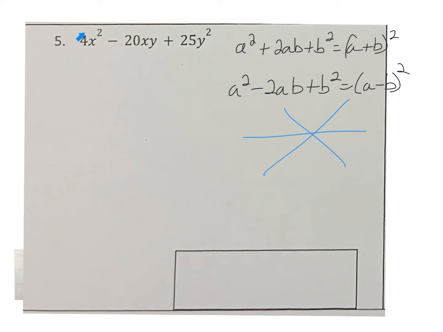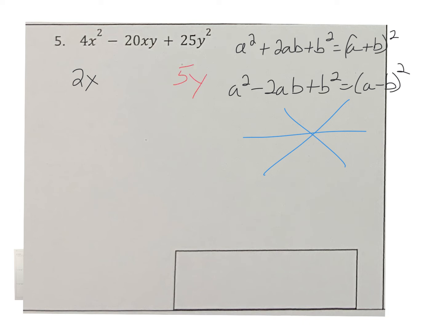Basically, what I'm showing you here is that the first term is a perfect square and the last term is a perfect square. If you multiply those square roots times each other and then times 2 and you get the middle term, then you have a perfect square trinomial. So this would factor like this. The square root of 4x squared is 2x, and the square root of 25y squared is 5y.